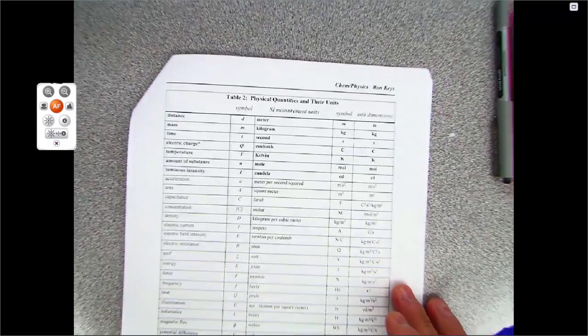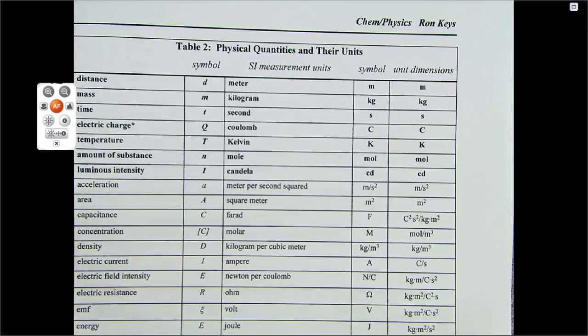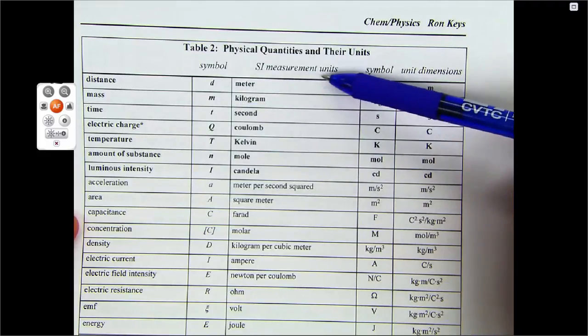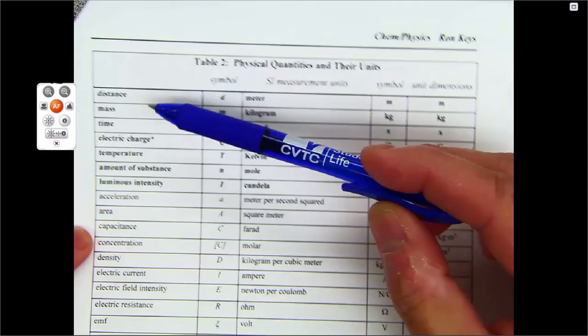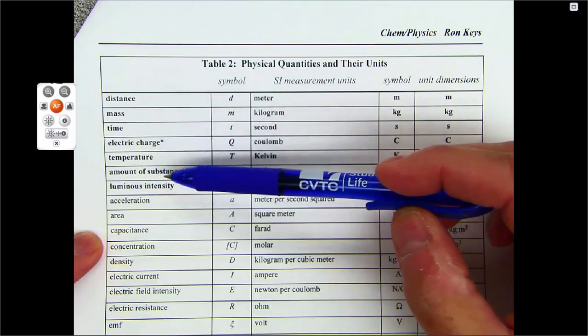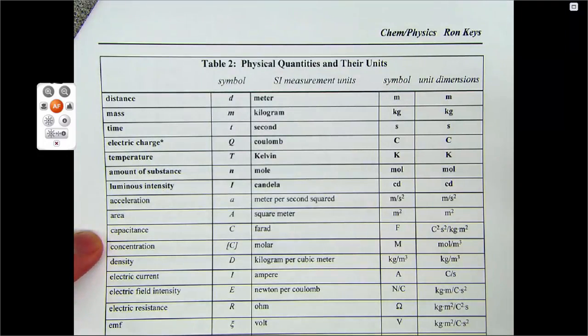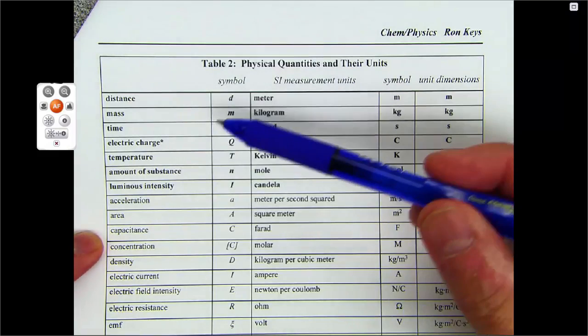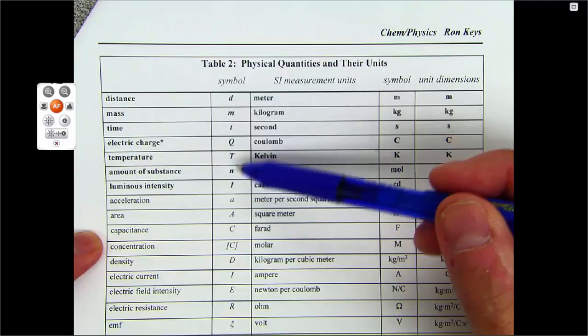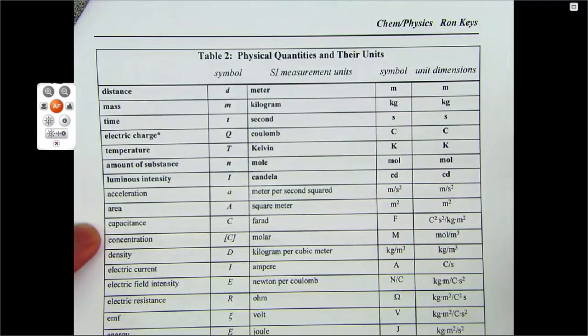Okay, in the metric system, there are these 7 SI measurement units: distance, mass, time, electric charge, temperature, amount of substance, and luminous intensity. Then anything else in the world can be described with one or more of these units combined.